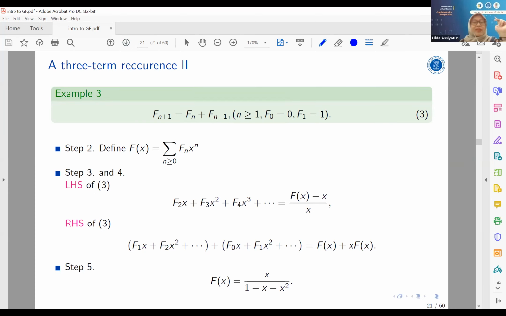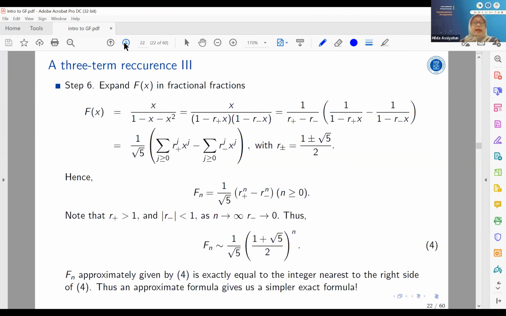The method of generating function actually finishes when we obtain the generating function. Now we will do the extra work to get the explicit formula for this Fibonacci sequence, again with partial fractions.